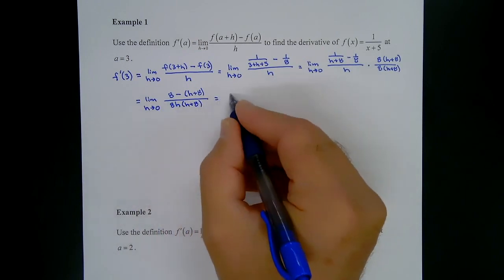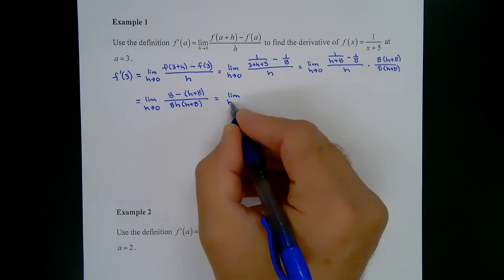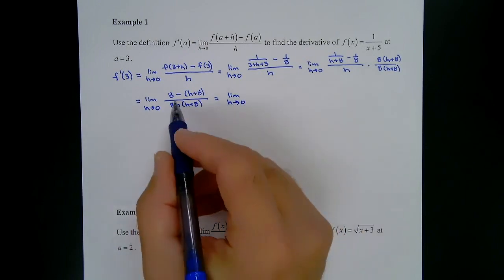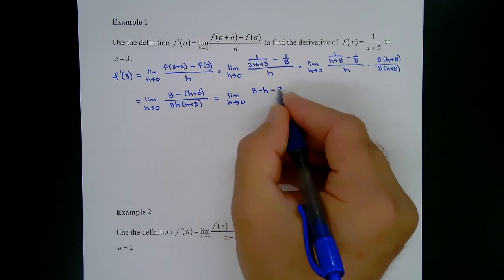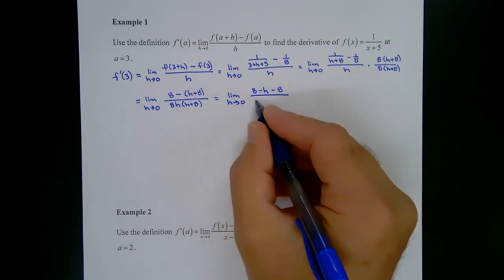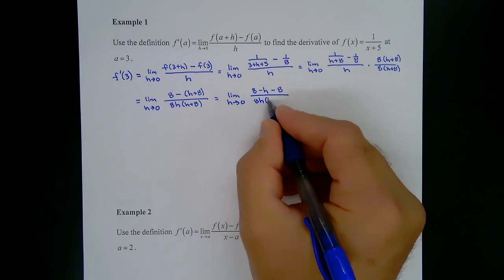Clean this up a little bit. This becomes the limit as h approaches 0 of 8 minus h minus 8 over 8h times h plus 8.